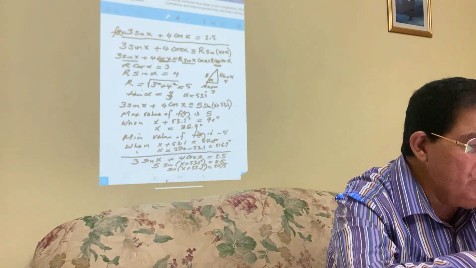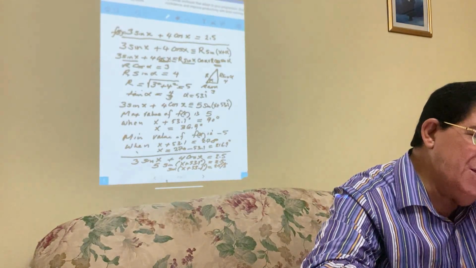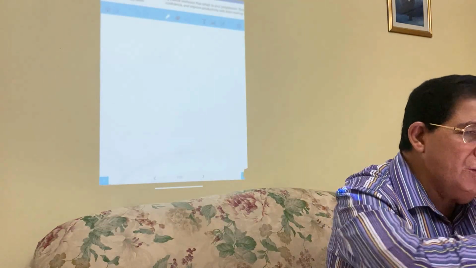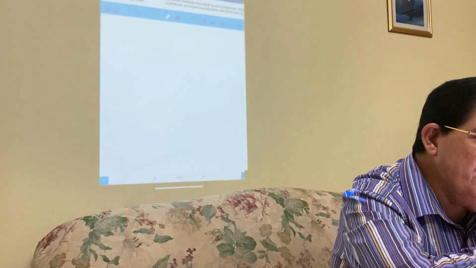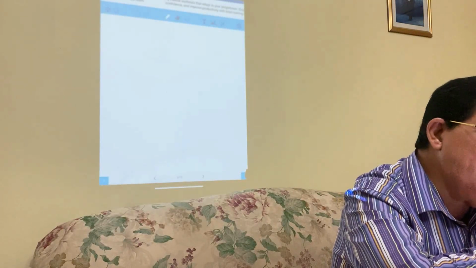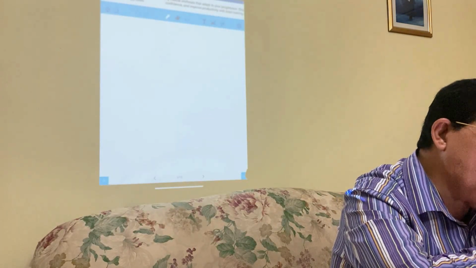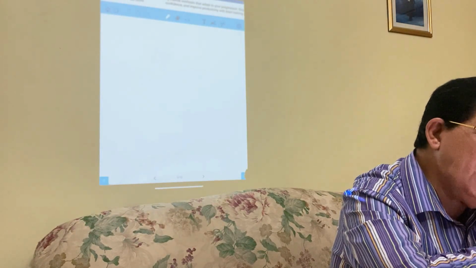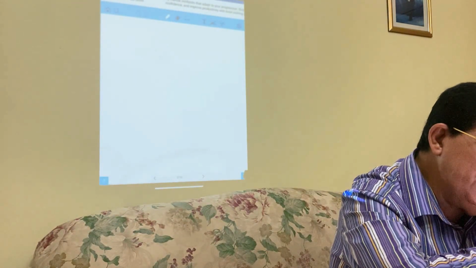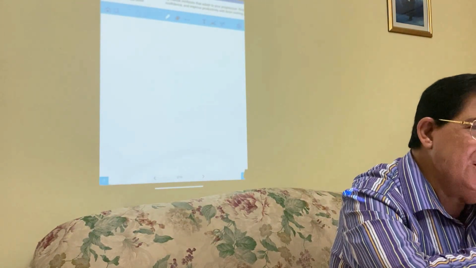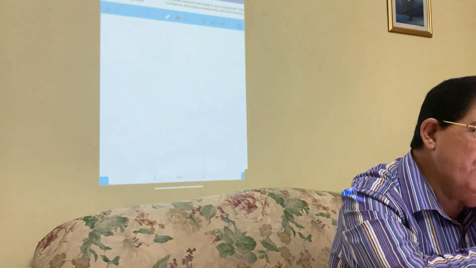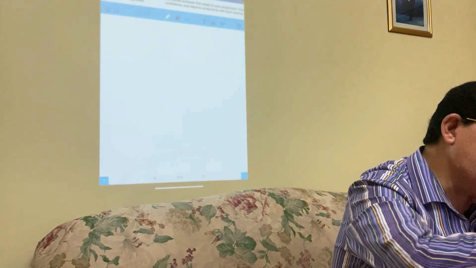This shows you how this method works, of replacing a function containing sine and cosine by one function, and this function will be given to us in the question.